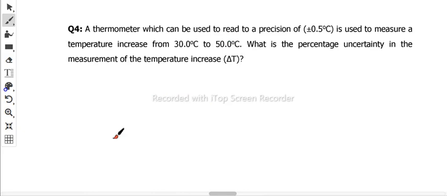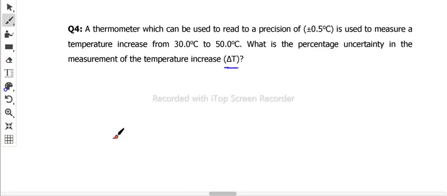Now we're going to start with question number 4. A thermometer which can be used to read to a precision of plus minus half degree is used to measure a temperature increase from 30 to 50 degrees. What is the percentage uncertainty in the measurement of the temperature increase?